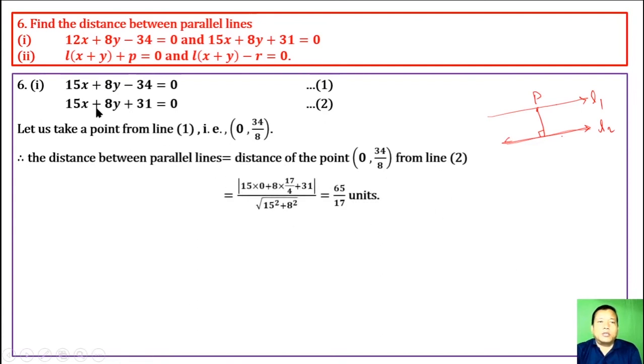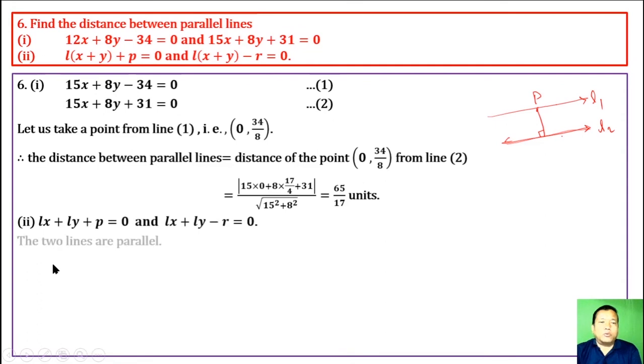That is, replace x by 0 and y by 34 by 8, or 17 by 4, and plus 31, whose modulus whole is divided by root of 15 square plus 8 square, which gives 17. The value is 65 by 17 units.